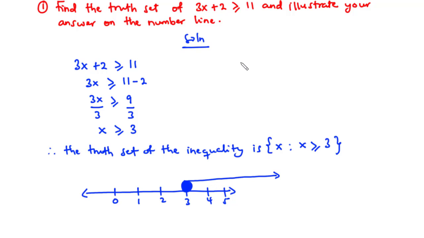Now if you have the inequality sign to be less than or greater than, then we represent that with an open circle on the number line. And if you have the inequality sign to be less than or equal to or greater than or equal to, you represent that with a shaded circle.